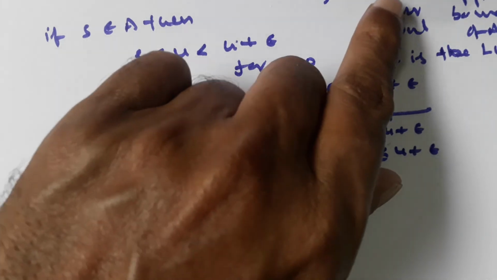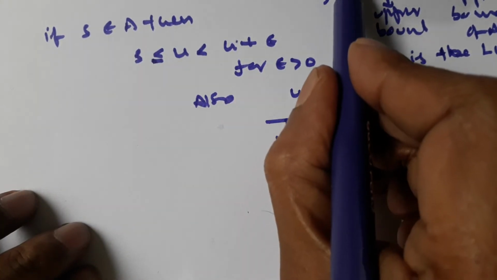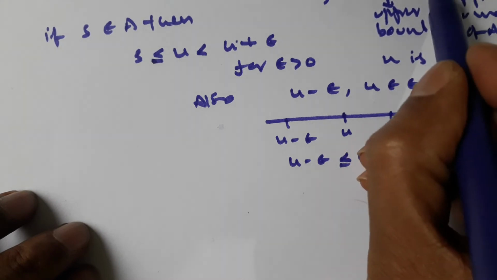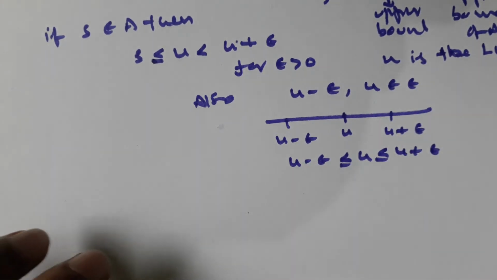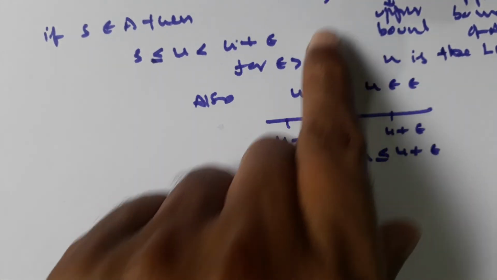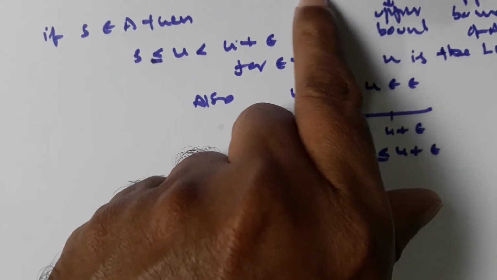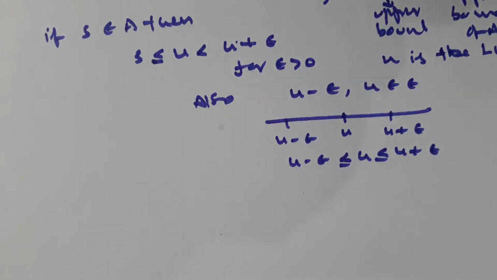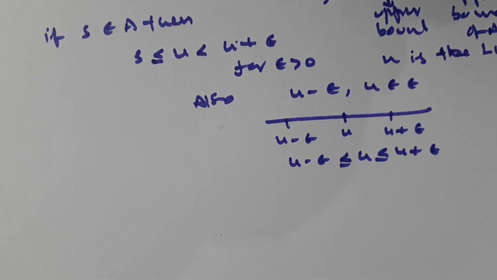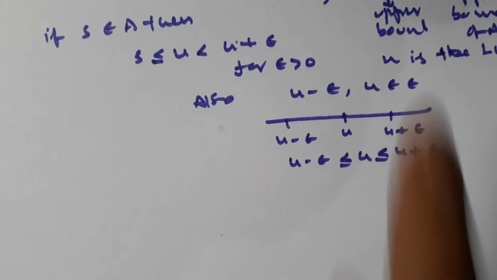As u is the upper bound, its left side is u minus epsilon, and all elements of the set A must be less than u. So u is called the upper bound of A, and u plus epsilon is also an upper bound, then u must be the least upper bound.